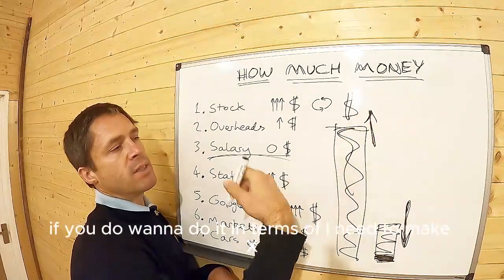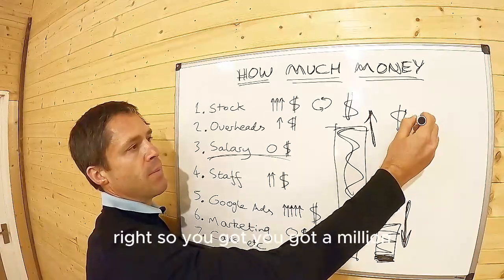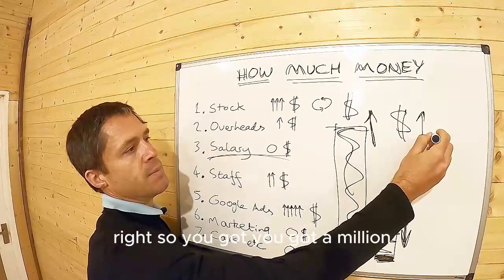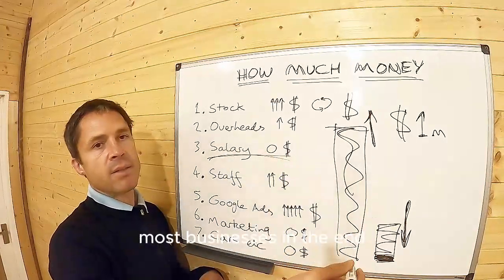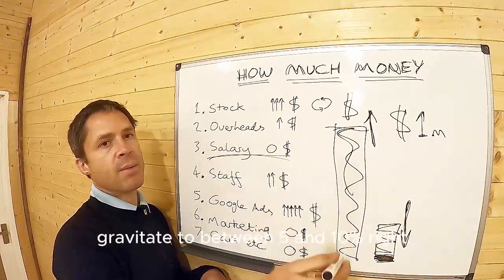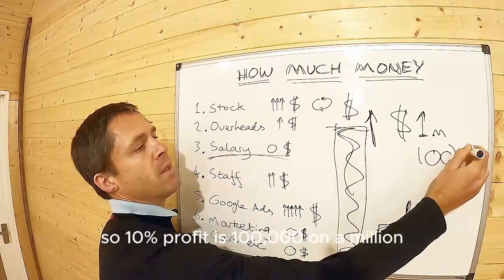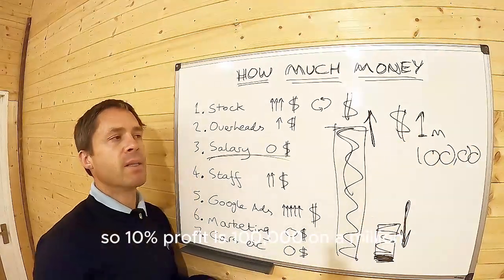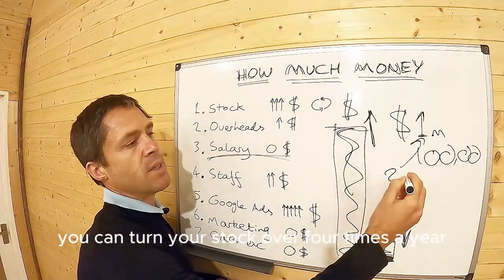And the other way, let's look at it. If you do want to do it in terms of I need to make X, right? So you've got $1 million. Most businesses in the end gravitate to between 5 and 10%, right? So 10% profit is 100,000 on $1 million. And let's say you can turn your stock over 4 times a year.